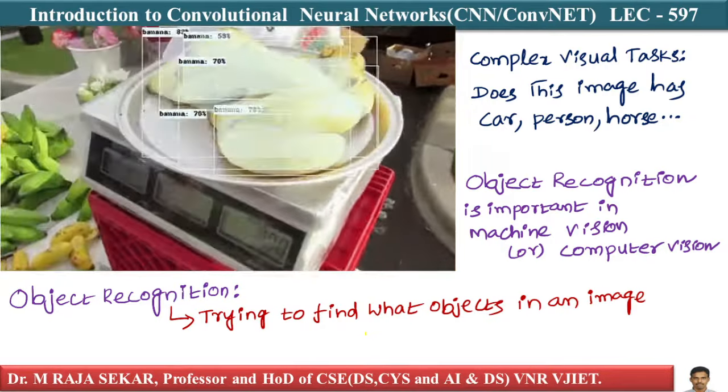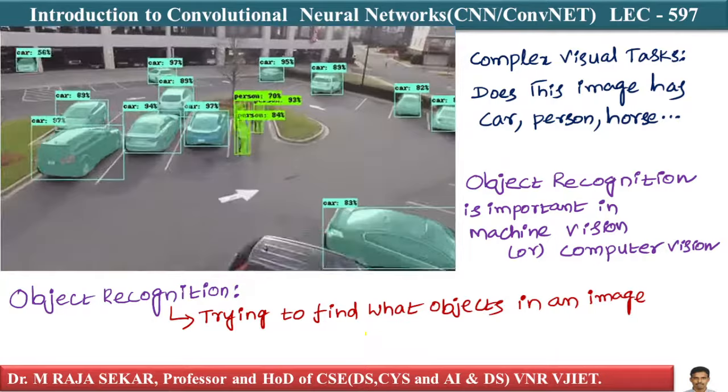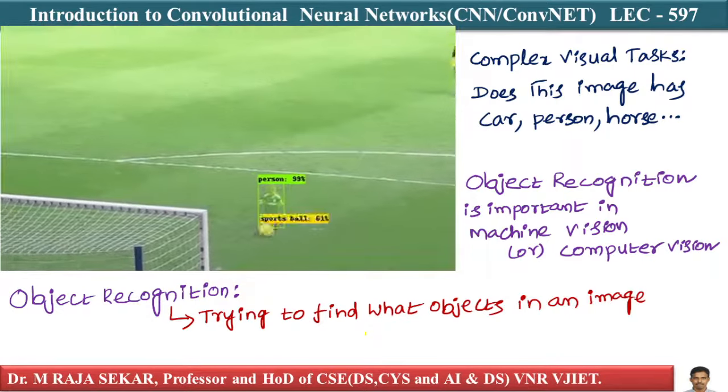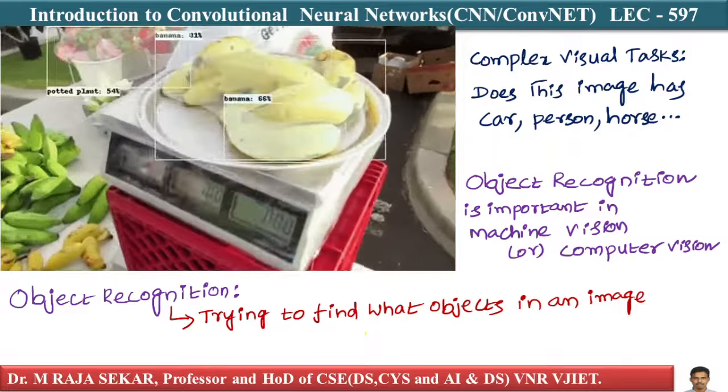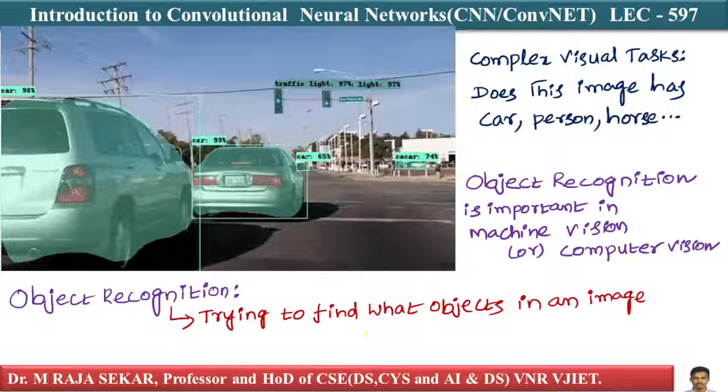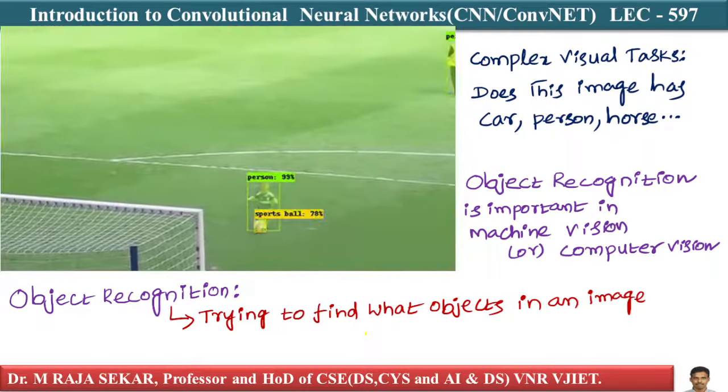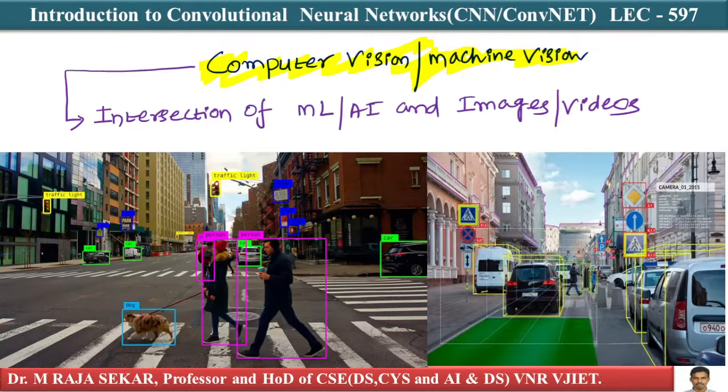Computer vision, or machine vision, is basically an area at the intersection of machine learning or AI and images or videos, and visual tasks in general.